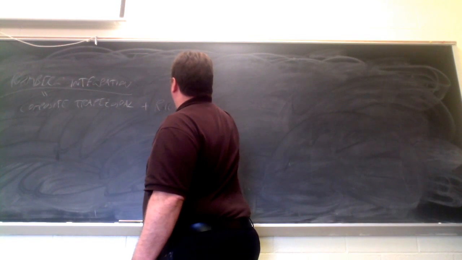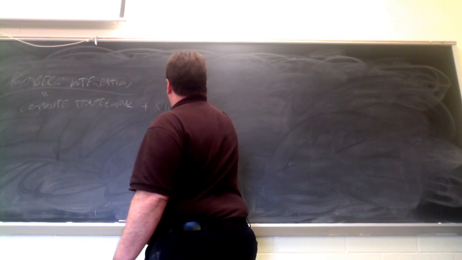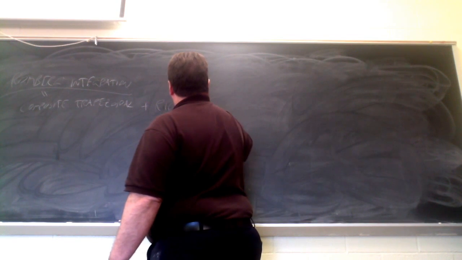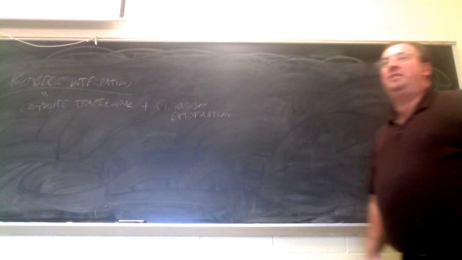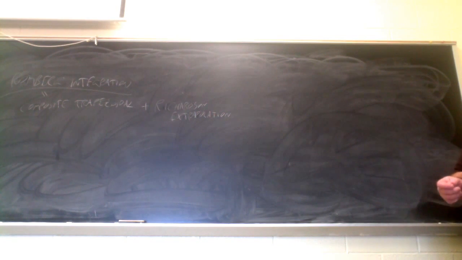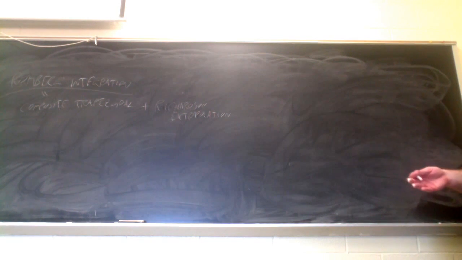combined with what I covered last time, Richardson extrapolation. So what that means is you compute initial approximations using the composite trapezoidal rule, for a certain h, and then h over 2, h over 4, and so forth.